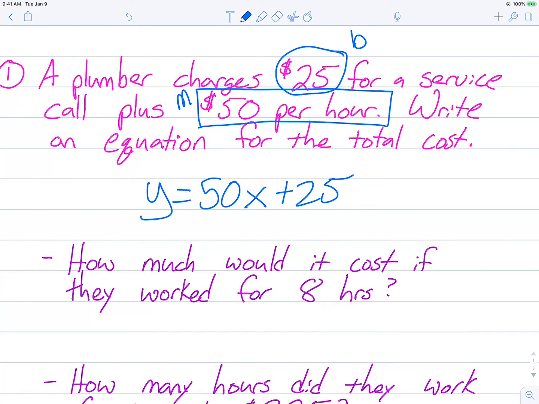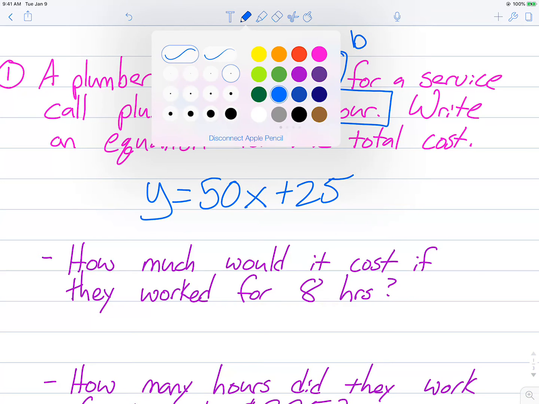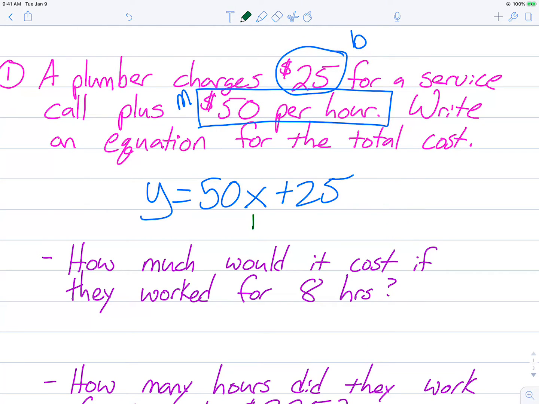So for instance, how much would it cost if they worked for 8 hours? So if we plugged in 8 into our equation, this one is going to be our hours because this is $50 per hour plus the $25 flat fee. So this right here is going to be our total cost.